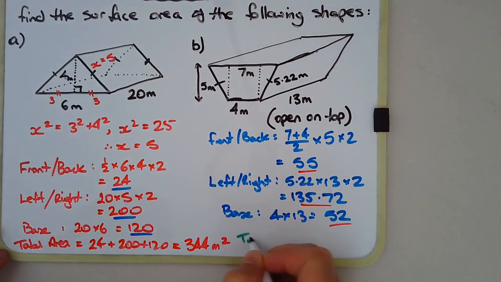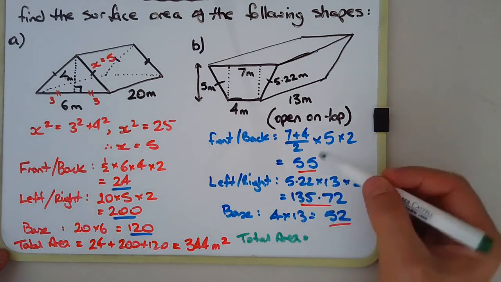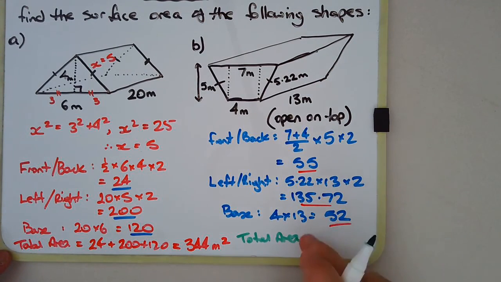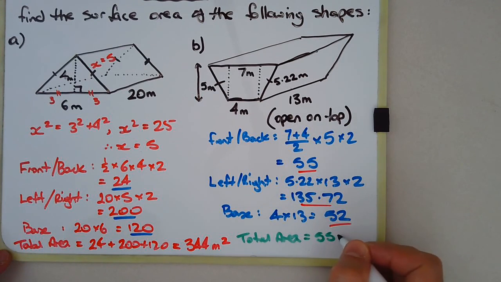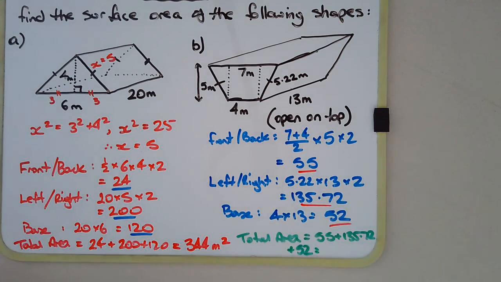So total area, and we're just going to add what's been underlined. 55 plus 135.72, plus 52, and we get 242.72, and that's square meters. So 242.72.